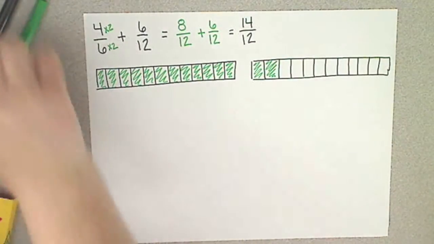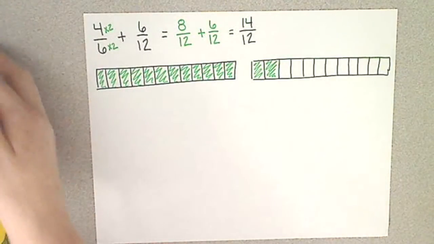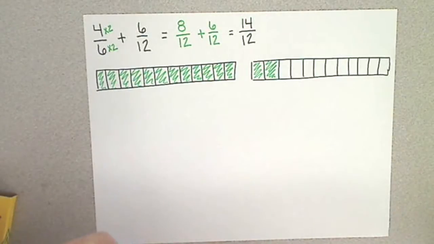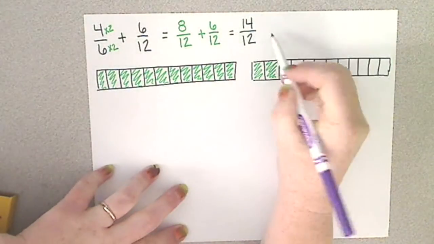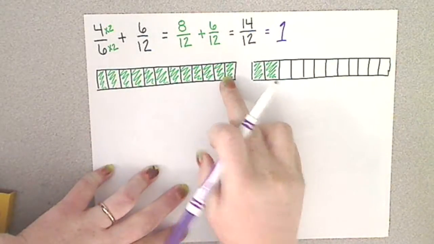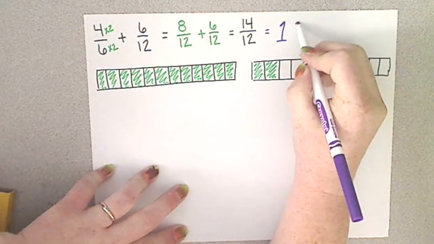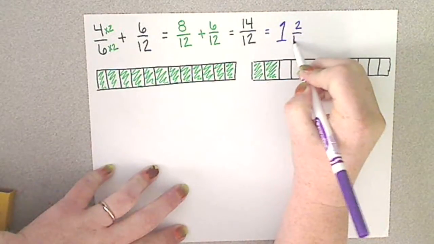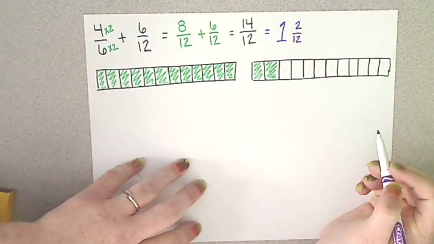So let's now take a look at what this looks like when we convert this into a mixed number. So I know that I now have one whole, so there's one whole candy bar, and I have 2 pieces out of 12 shaded on the next bar.